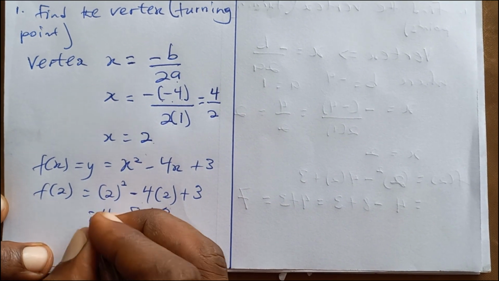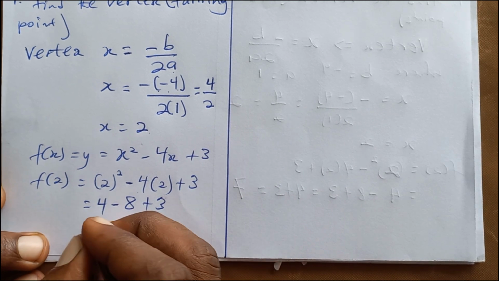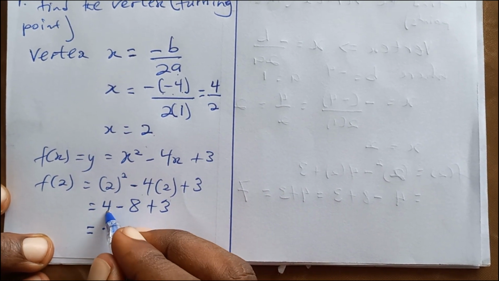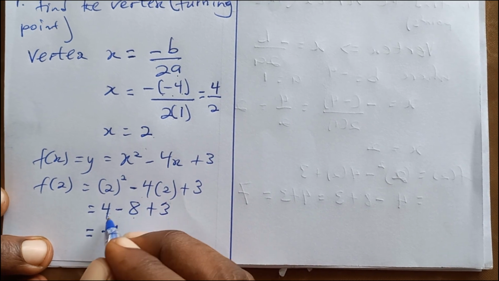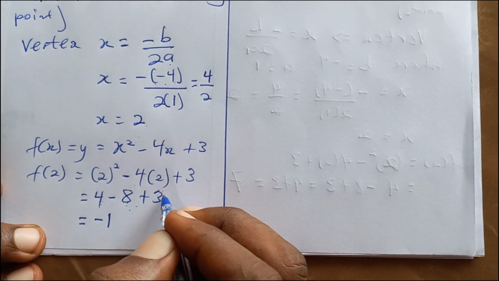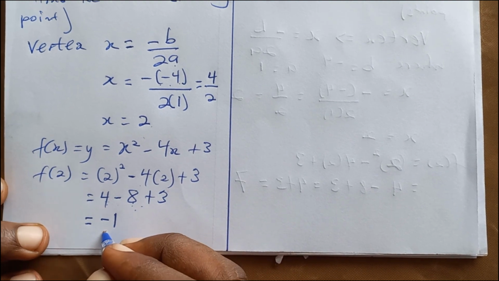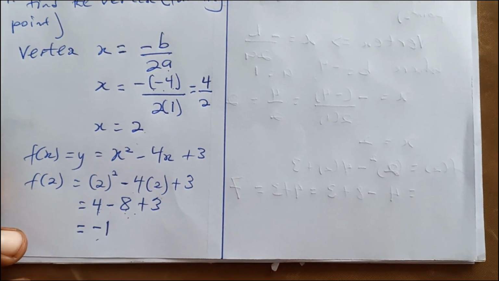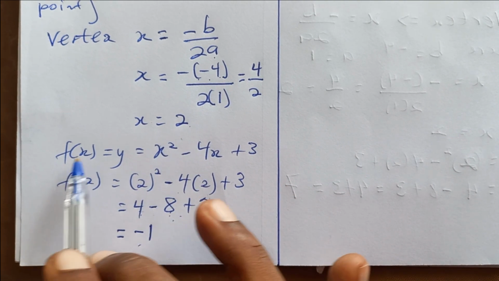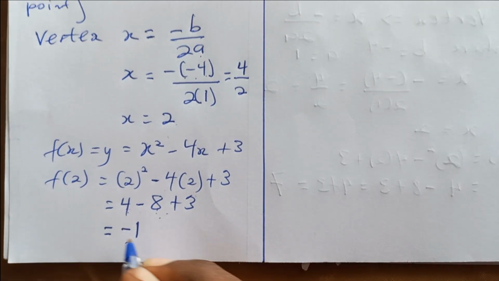So when you sum up everything here, we are going to get negative 1, because positive 4 minus 8, we get negative 4. Negative 4 plus 3, we are getting negative 1. Good. So now, when we plug the value of x into the original equation, we had negative 1.